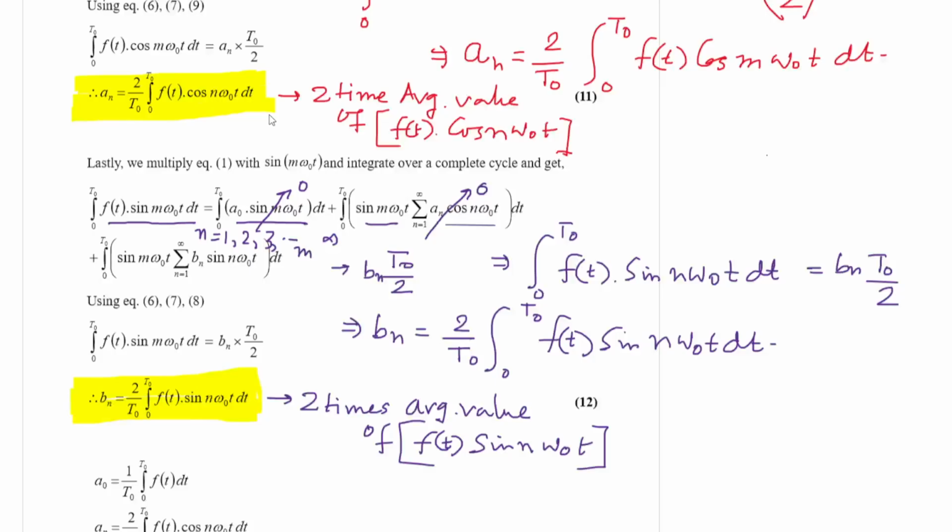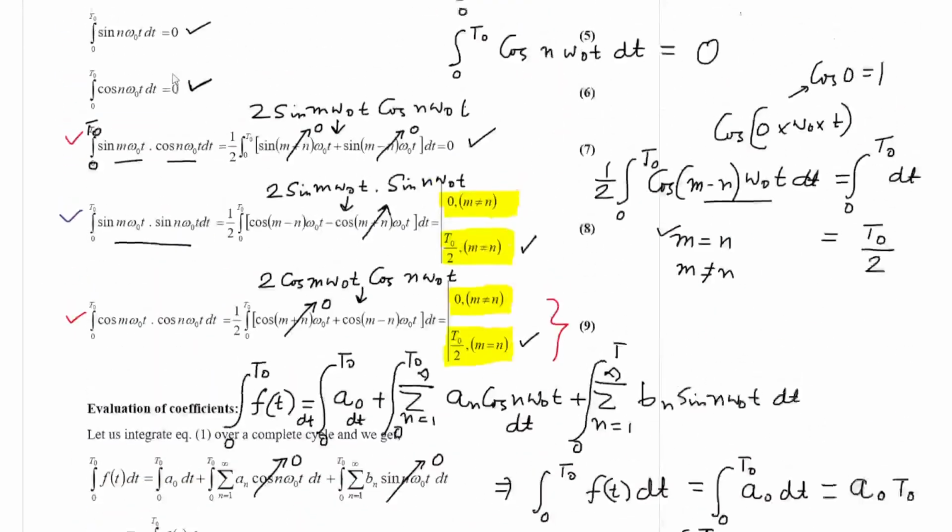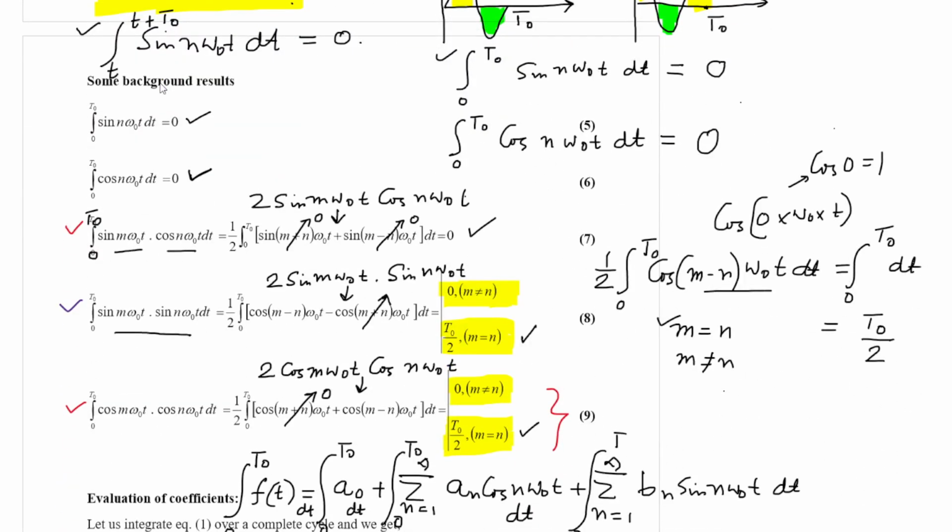And finally we evaluated bn. In this way we have evaluated every term present in the Fourier series expansion, a0, an and bn, and they are represented by these relations.